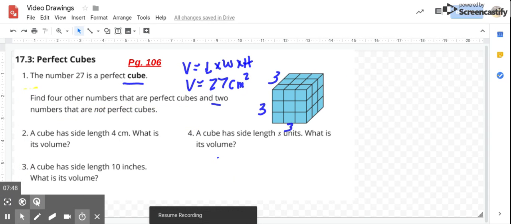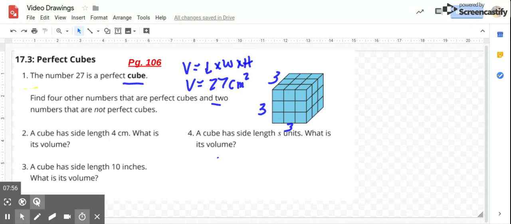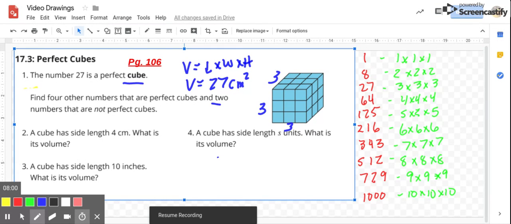All right, boys and girls, hopefully you're able to complete this task. I want to see if you could find 4 other numbers that are perfect cubes. I'm going to list those on the right now. So you can see the numbers that I have in red. Those are all the numbers that are perfect cubes. The way I found all of them was, once again, you take a number and multiply it by itself 3 times, just like we did with the volume of that cube.